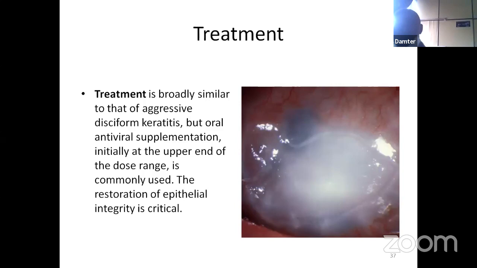The treatment is broadly similar to that of aggressive Disciform Keratitis, but oral antiviral supplementation, initially at the upper end of the dose range, is commonly used. So as we mentioned, in necrotizing stromal keratitis, there will be need for an oral antiviral agent at a higher dose.